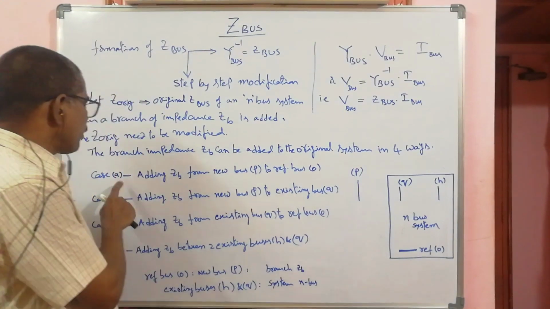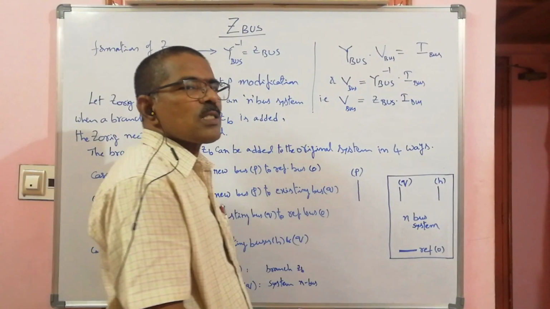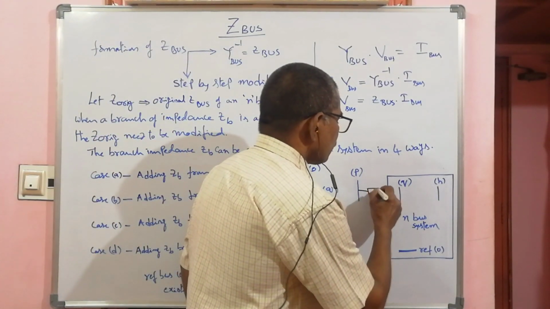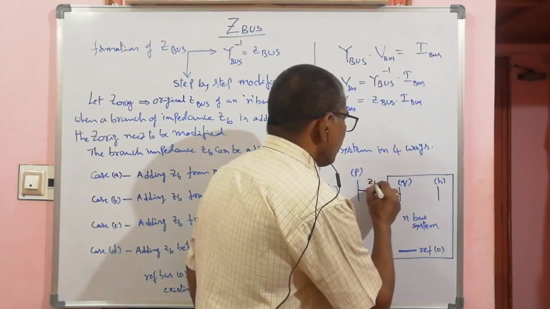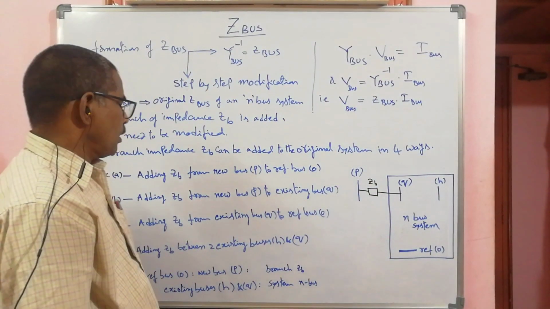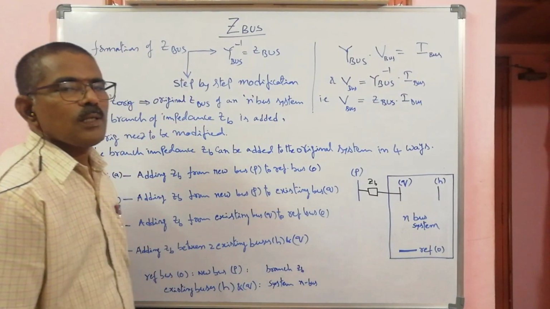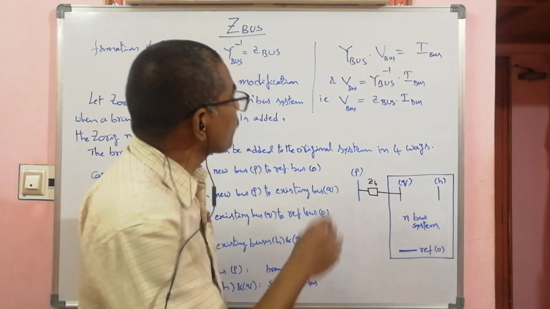Now let us see the first case, case A, adding ZB from the new bus to the reference bus, which means you are adding ZB like this. Adding ZB from the new bus to reference. This is the new bus, and this, sorry, is the reference bus.